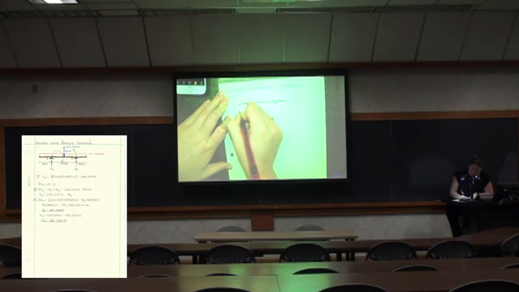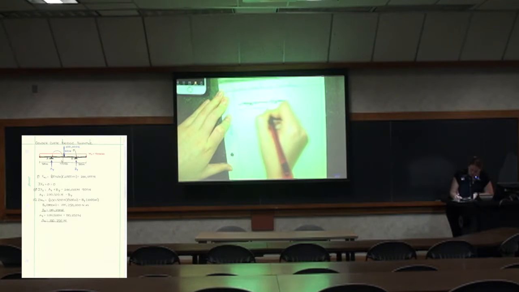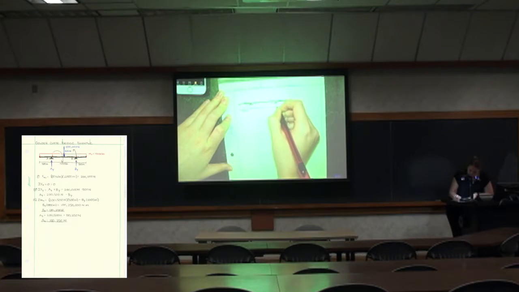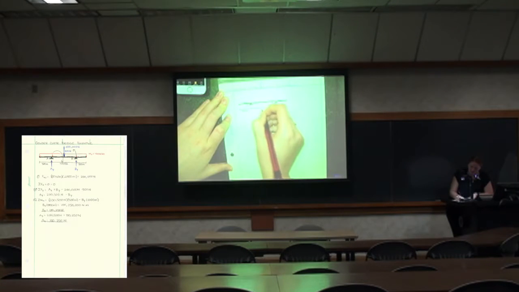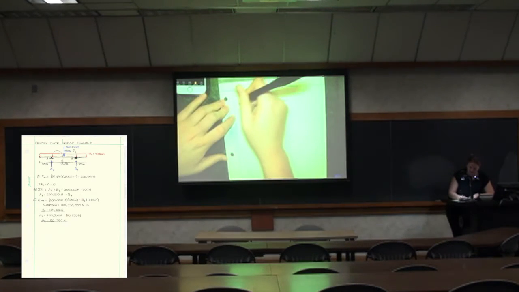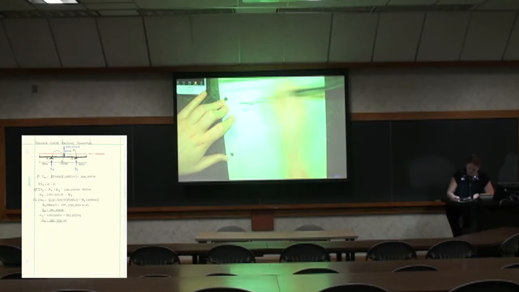So these supports are going to be 500 meters from the end, and they're going to span in the center 1,000 meters. So now we have the distributed load of the self-weight of the bridge that runs the entire span.